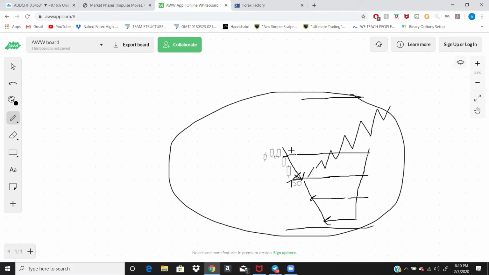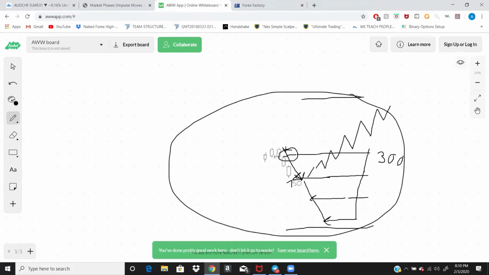So the first entry that was in a drawdown of 50 pips is now break even, and the ones that I added here are in profit 300 pips. And I'm just back at the break even entry where I initially entered. And guess what? This is just gonna keep going up and up. And when it gets to that resistance where it needs to go, when you add all this up, it's gonna be like 600 pips.